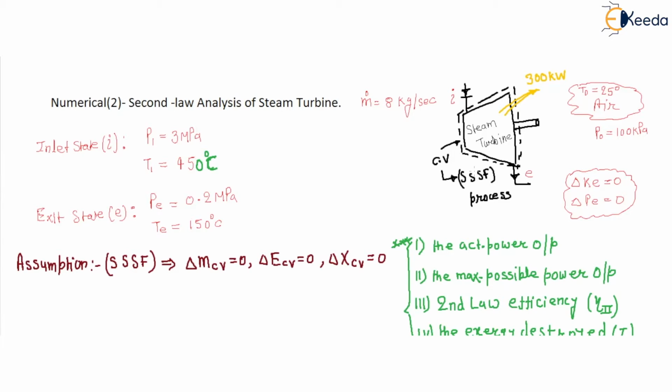So we can write m dot 1 is equal to m dot 2 is equal to m dot, the mass balance. Also, heat is lost to the surrounding air and work is done by the system. That means the turbine will develop work, WT.